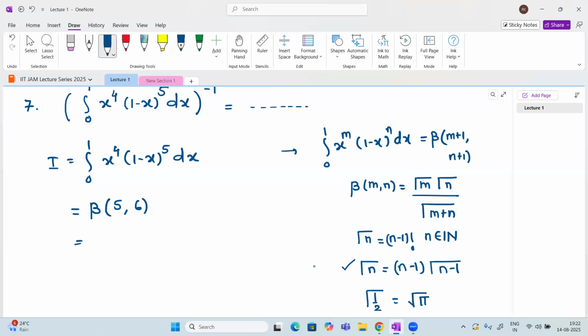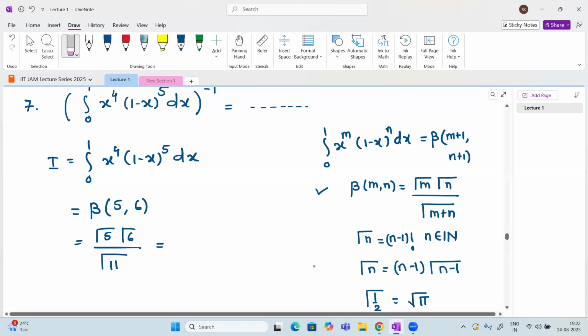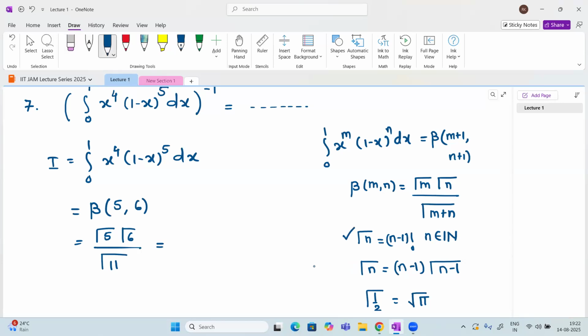After that, I'm going to use the relation between the beta and gamma functions. Gamma of 5, gamma of 6 by gamma of 11, since 5 plus 6 is 11. But we know that if n is a natural number, then gamma n is n minus 1 factorial.